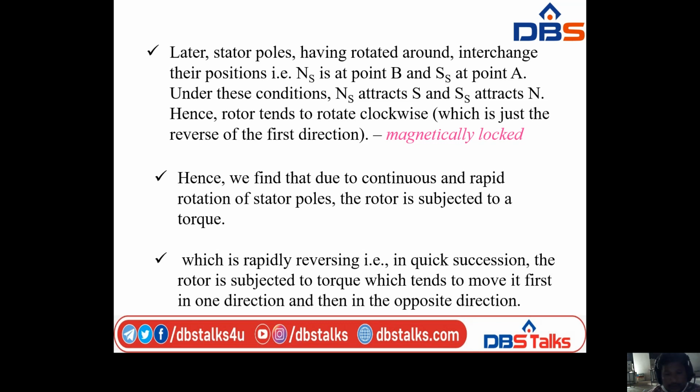Hence, due to continuous and rapid rotation of the stator poles, the rotor is subject to a torque which rapidly reverses in quick succession: it tends to move the rotor in one direction, then in the opposite direction.